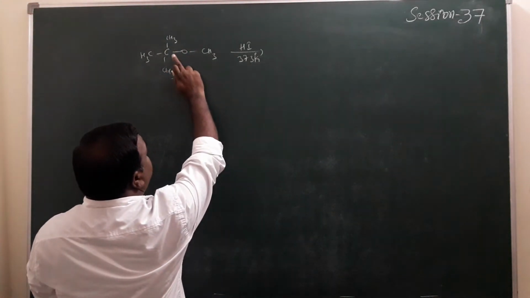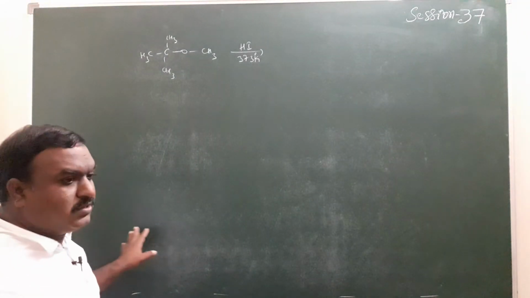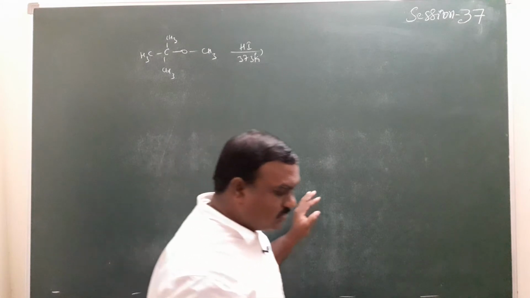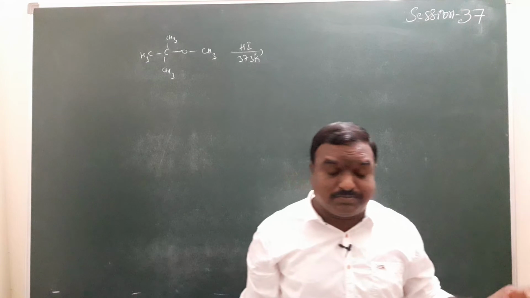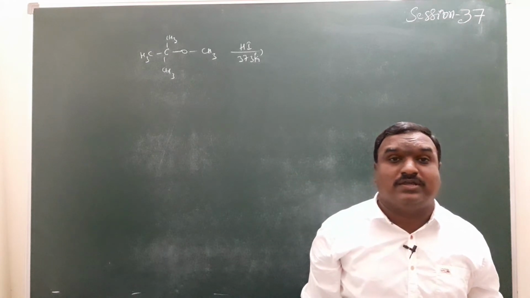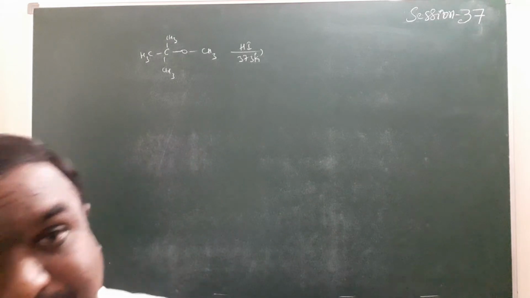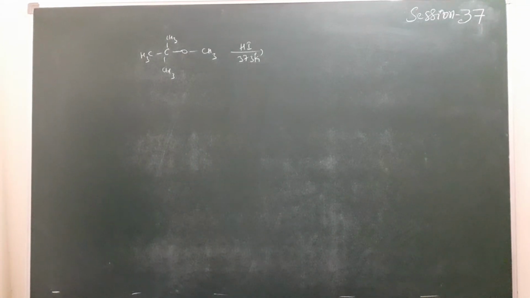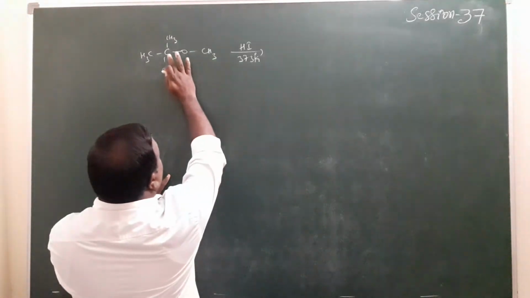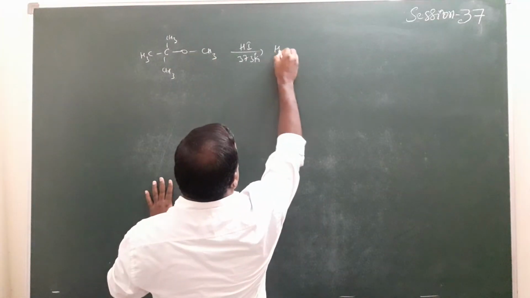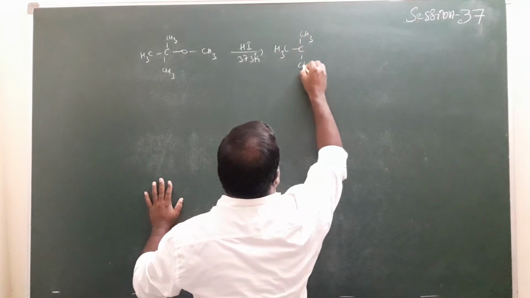If you cleave between the carbon and oxygen, we get a more stable carbocation. That means the reaction proceeds via a unimolecular mechanism, via a stable carbocation intermediate. So C plus is formed here. We require a nucleophile from HI, because the former one is the electrophile.